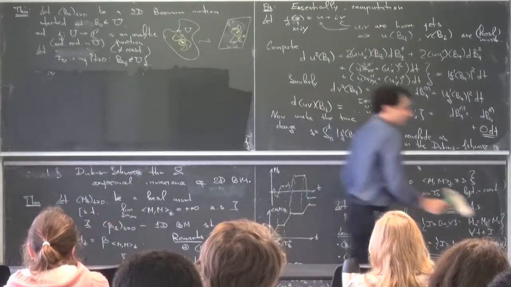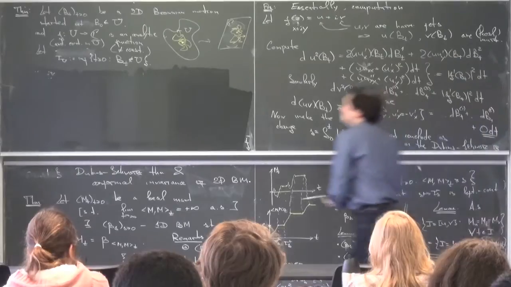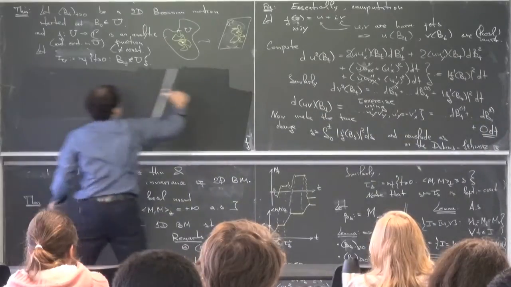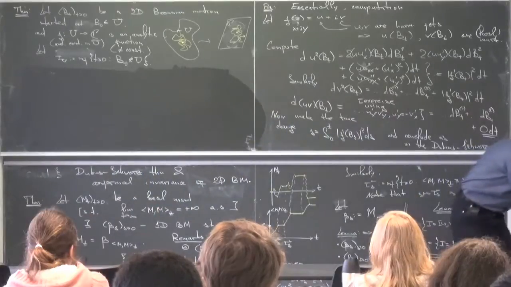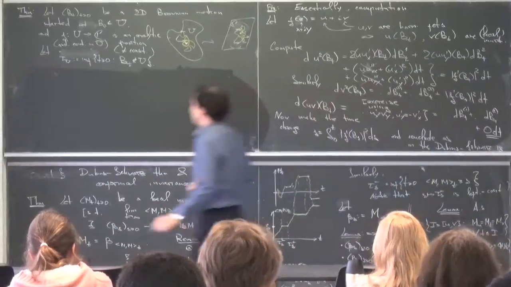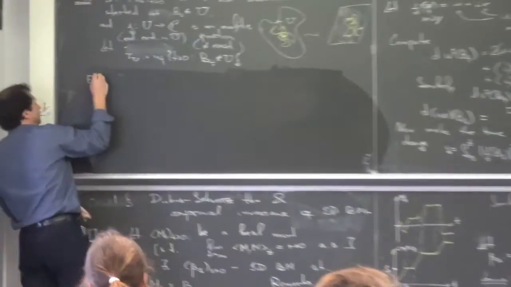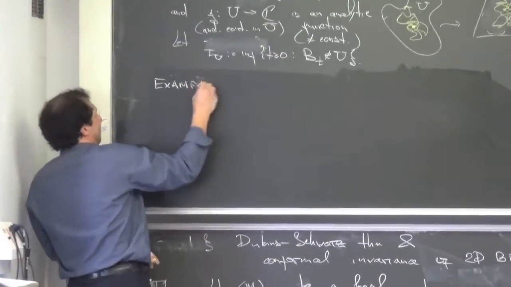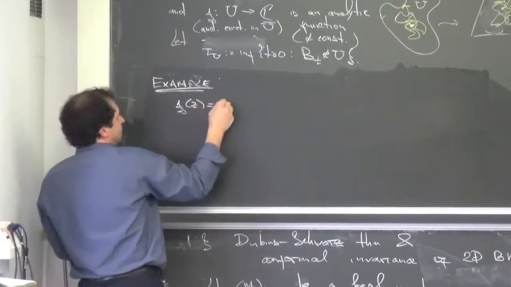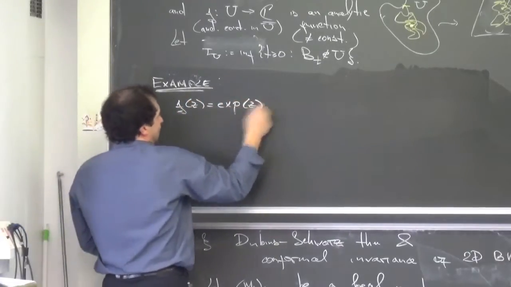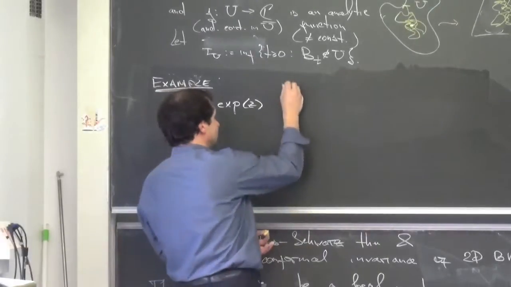For instance, the exponential. This is an example: z goes to the exponential of z. So how does it work?